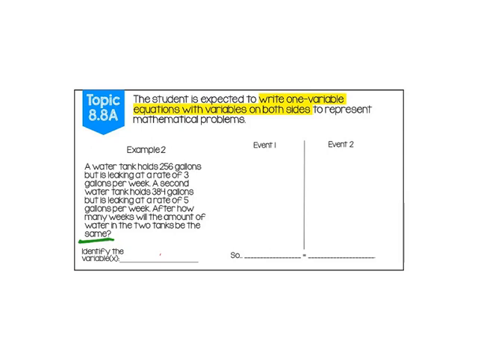So again, we're looking for when the amount of water is going to be the same. So again, we know we're going to set our equations equal to one another, and there's two parts. There's water tank 1, and then there's water tank 2. All right, so let's look at water tank 1 first.